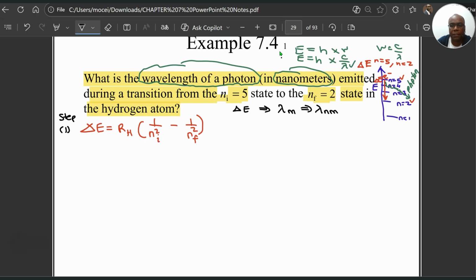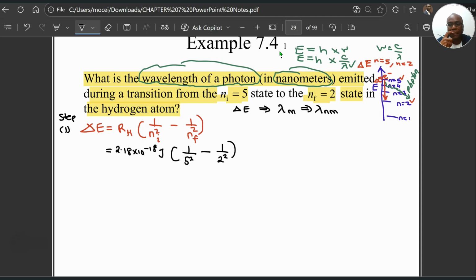That is our strategy. My Rydberg constant is 2.18 times 10 to the power negative 18 joules. My initial energy level is 5, so I'll say 5 squared. That's where the electron starts, and then it drops to n equals 2, so 2 squared.